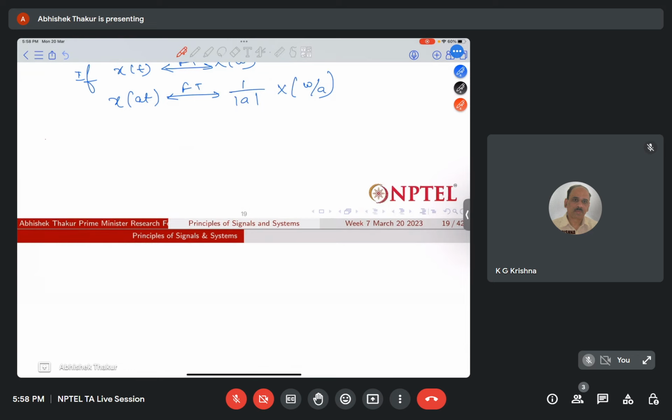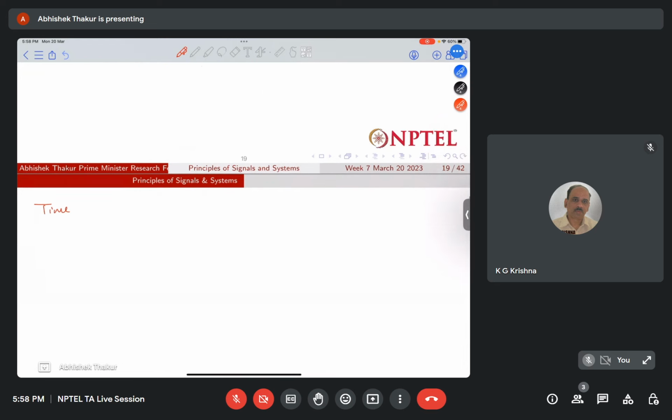The next is time reversal. The Fourier transform of x of minus t will be X of minus omega.